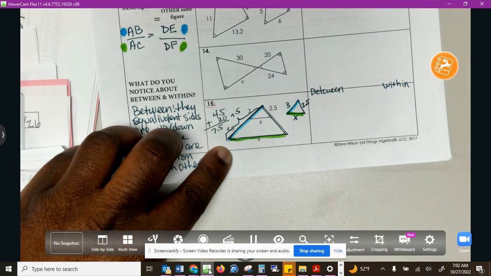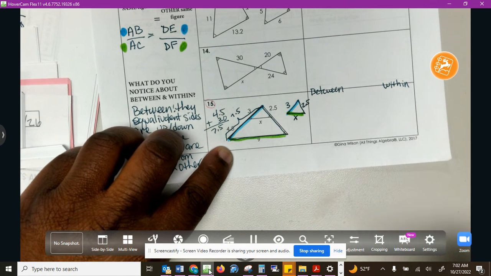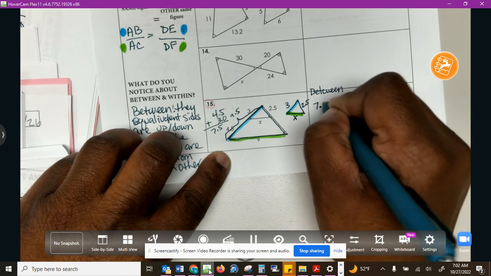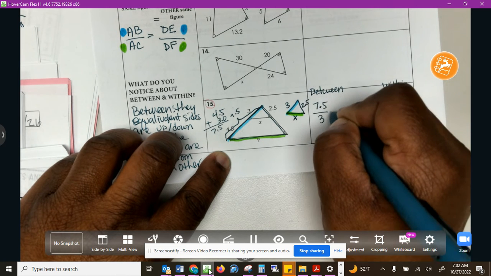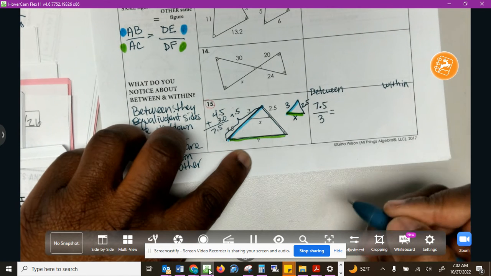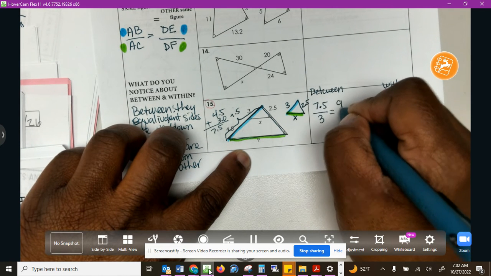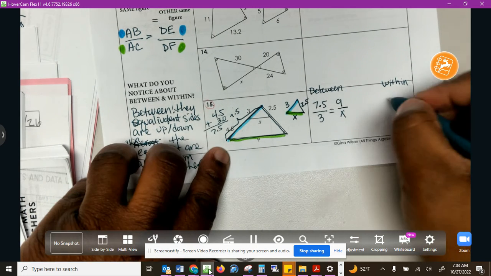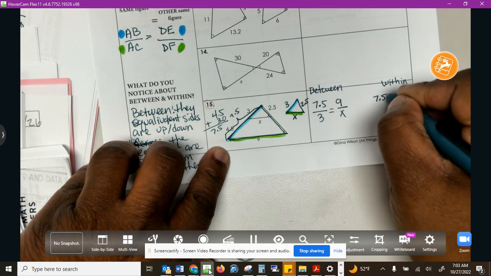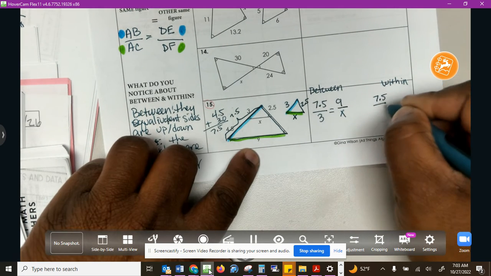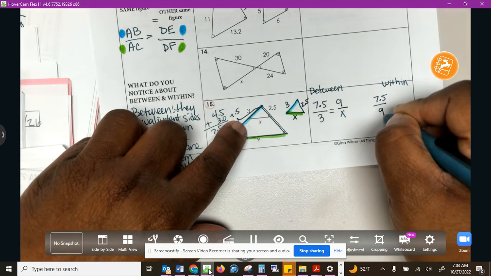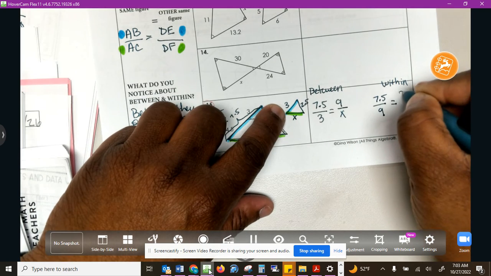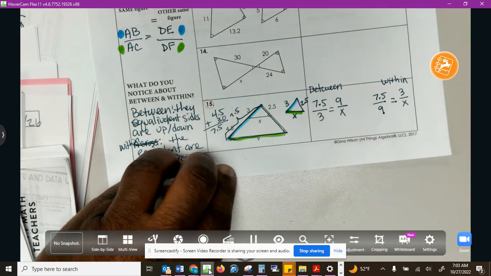So, you can identify it, but we're not. Okay, so I would say 7.5 goes with 3, and that's equal to 9 going with x. And for within, I can say 7.5 goes with 9 because it's a side to a bottom, and that's equal to 3 going with x.